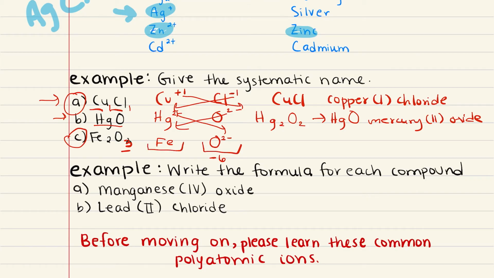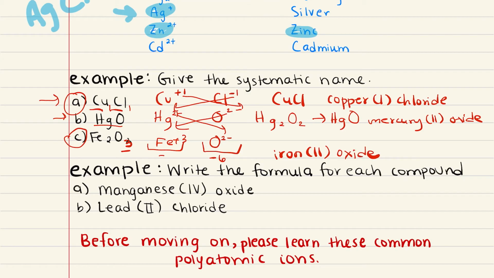The charge for iron is going to have to be +3 because 2 irons with +3 charge give us a total of +6 charge, which cancels out with the -6 charge to give us a neutral compound. And so then, the name for this compound is iron 3 oxide.